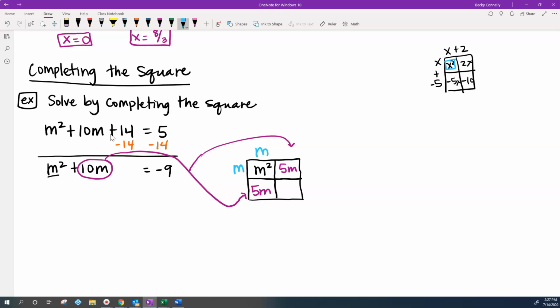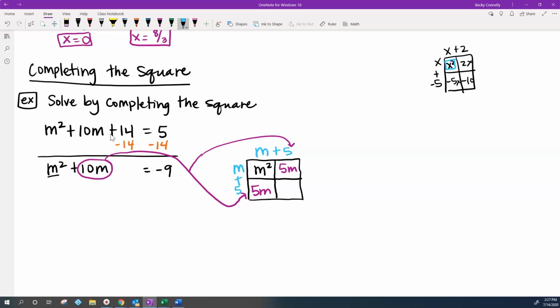And then I'm going to have a positive 5, right? So I have the 5 times m gives me the 5m there. And this is also going to be plus 5. m times 5 gives me the 5m.